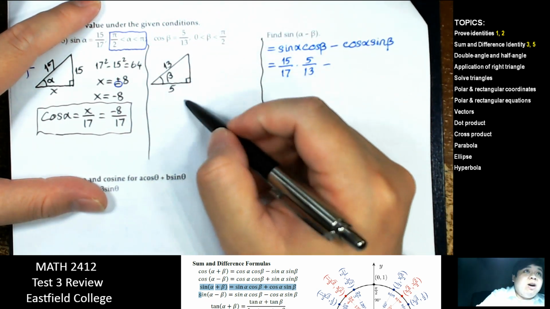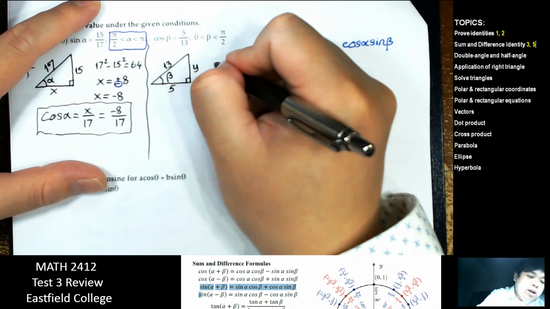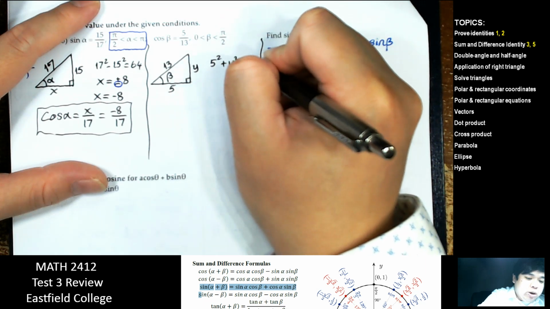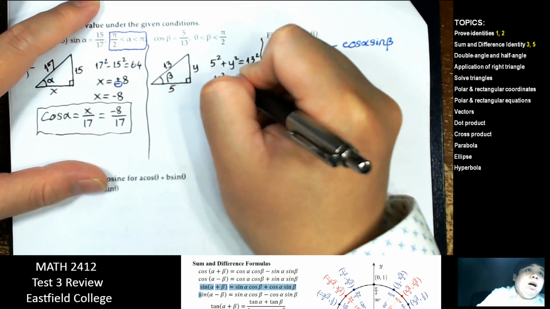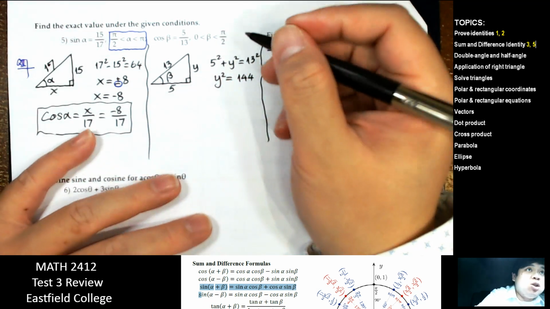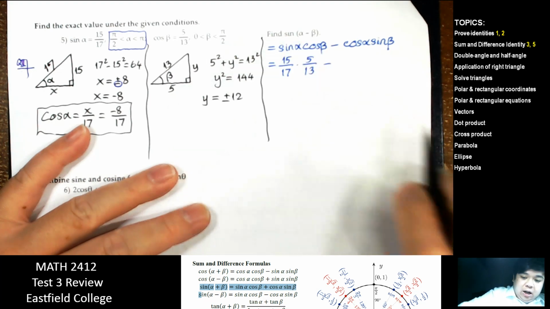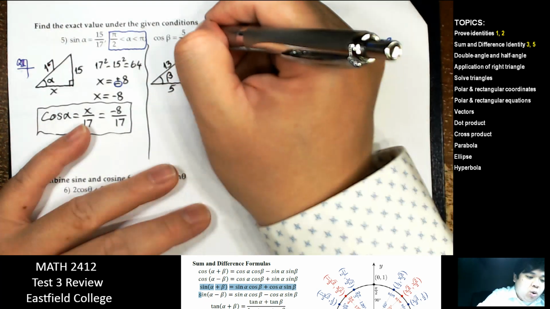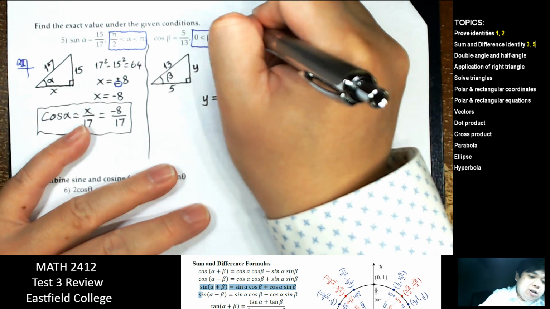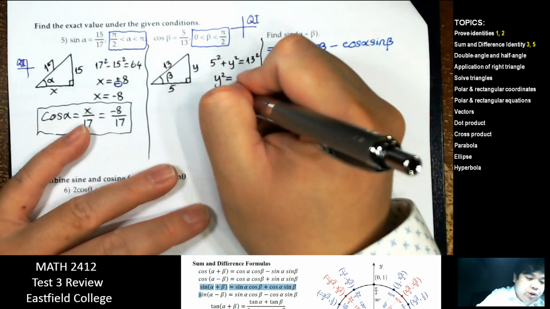Now we just need to find this side, that will be y. So 5 squared plus y squared equals 13 squared. y squared will be 144. Taking the square root, we have y equal to plus or minus 12. Now we see that this is in quadrant 1. In quadrant 1, everything is positive, so we choose positive.